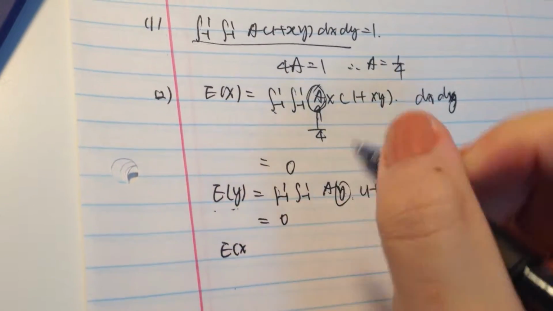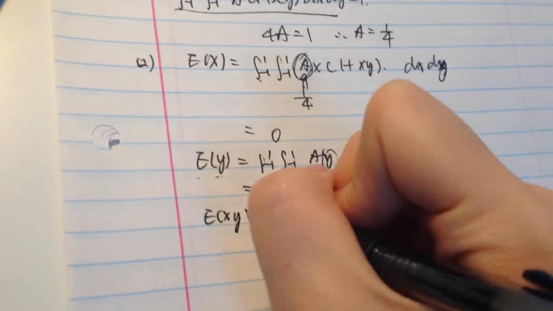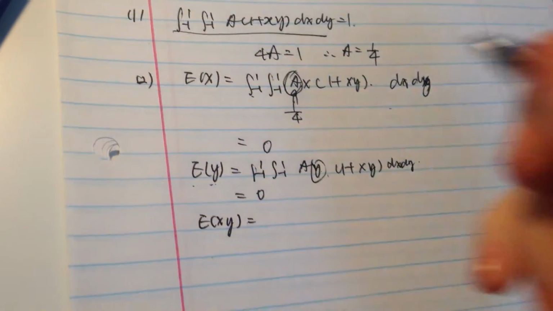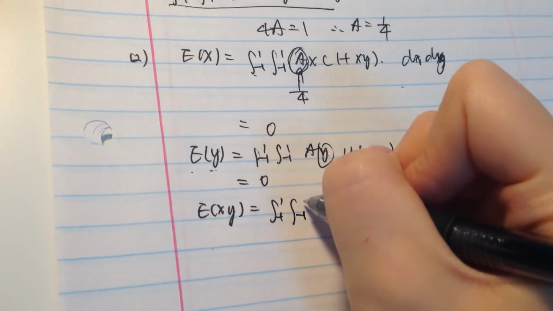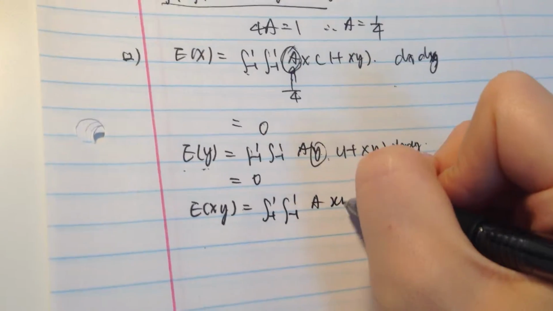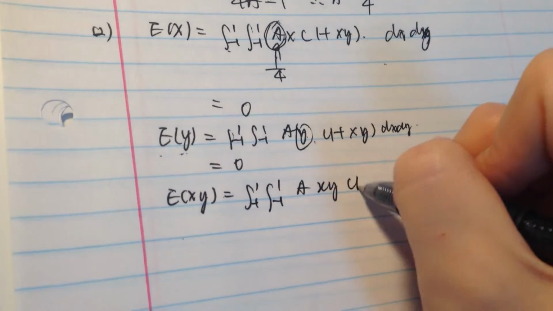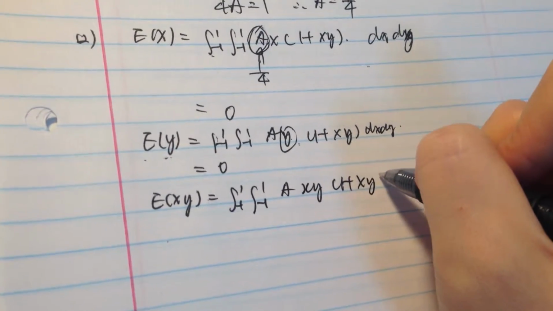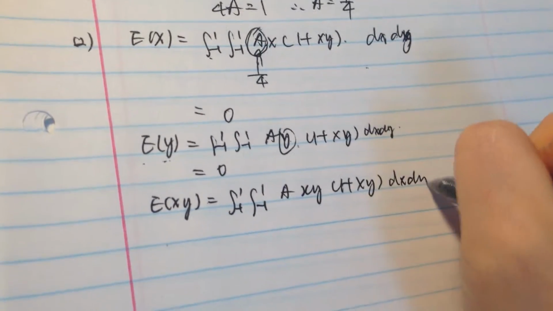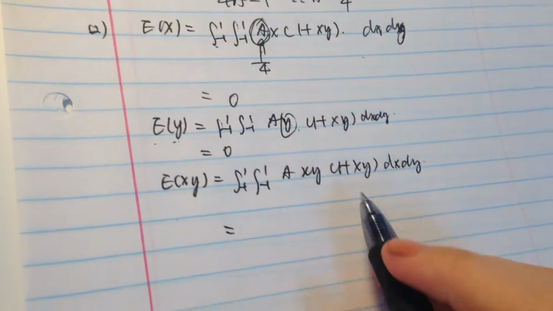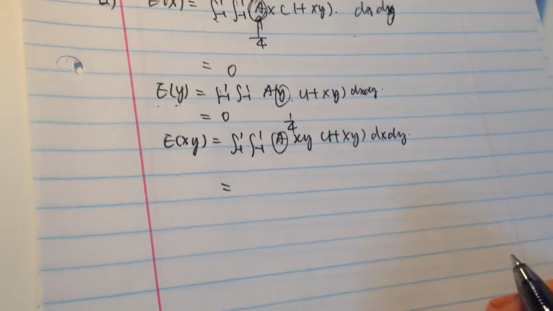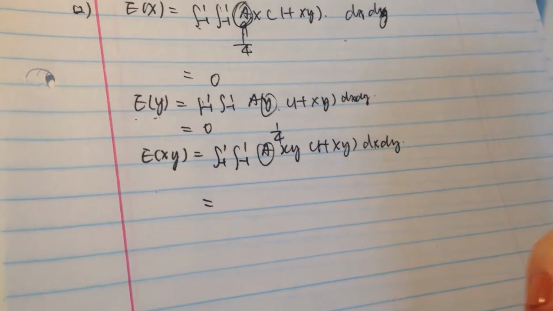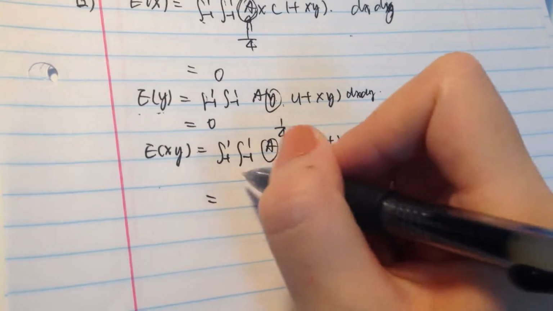Finally, we need to calculate the expectation of xy. So from this part, axy times 1 plus x multiply y dx dy. And here, a equals 1 by 4. So obviously, we could get the result.